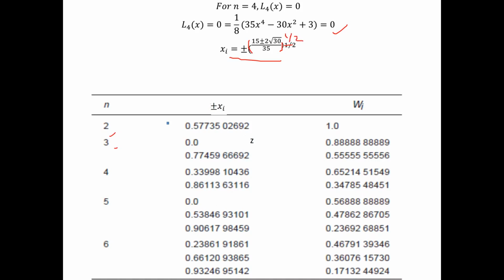Then we have this table: n is equal to 2, 3, 4, plus minus xi and wi. So using these values we can directly find the integration. When the limits change, these values plus minus xi are used as plus minus zi. So we use this value as plus minus zi.